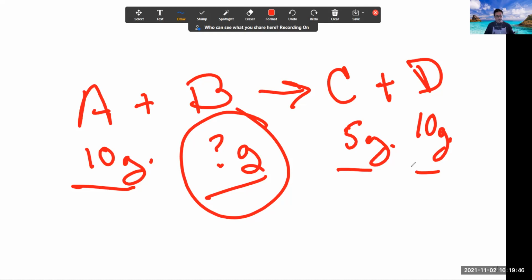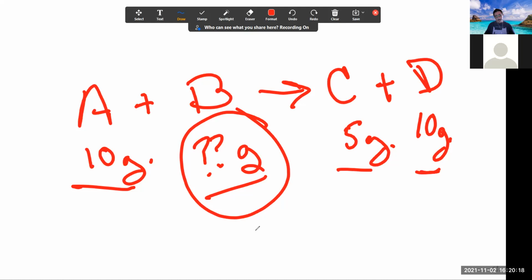If we started off with 10 atoms of whatever, it's going to be 10 atoms of whatever at the end of the day, okay? If I start off with 10 grams of anything, I should have 10 grams of whatever I make at the end of the day. And so how many grams of B would I have started off with if after the reaction I measure out 5 grams of C and 10 grams of D?